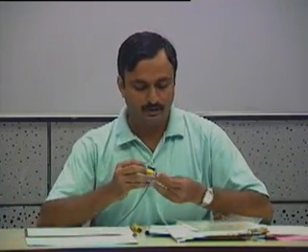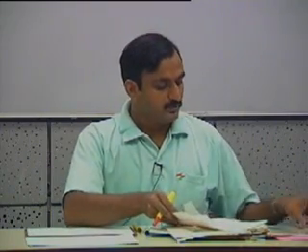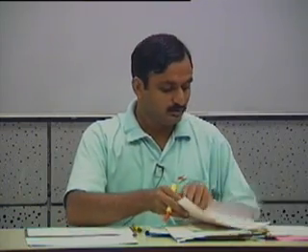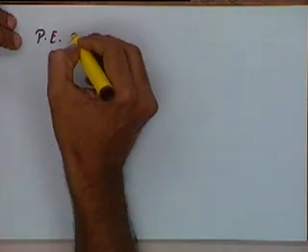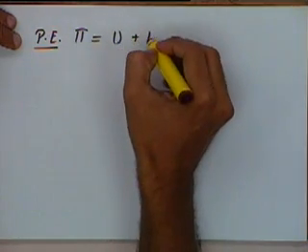Okay, so now we have seen two methods. One is the Rayleigh-Ritz method and the second is the Galerkin's approach. Just to recapitulate, in the Rayleigh-Ritz method, the final equation that we got was the equation for the potential energy. The potential energy of the object, Pe or pi, is equal to U plus the work potential.